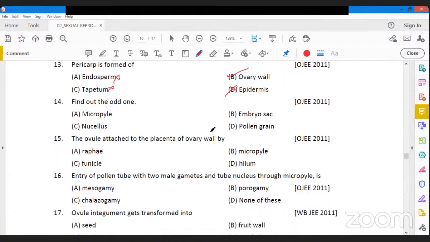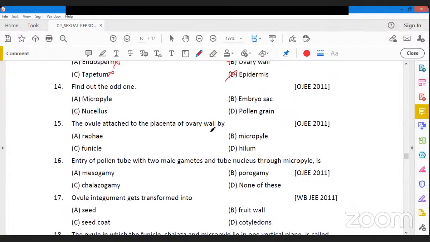Now let's see the next question. Find out the odd one. Look at all of them, think and try to solve.